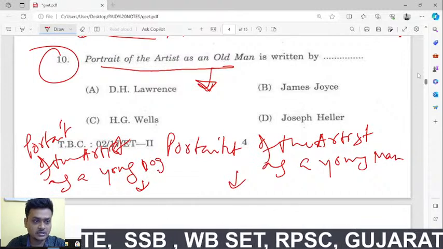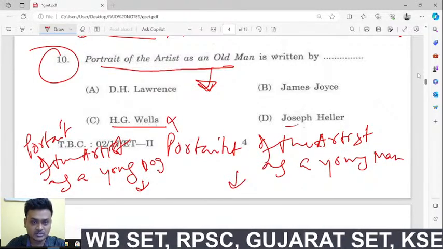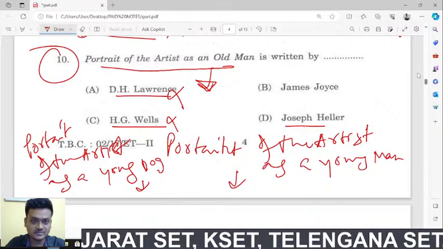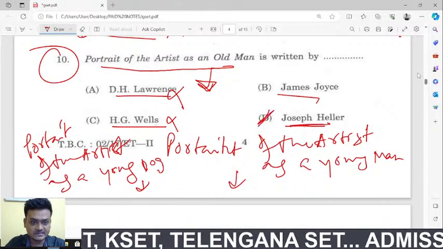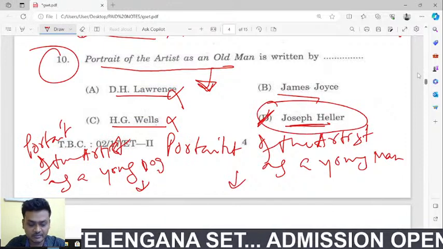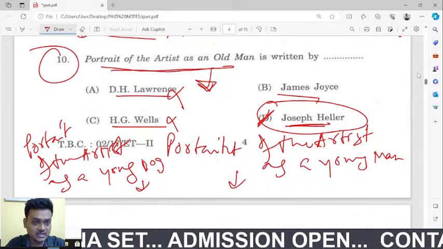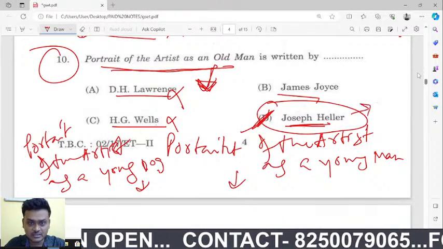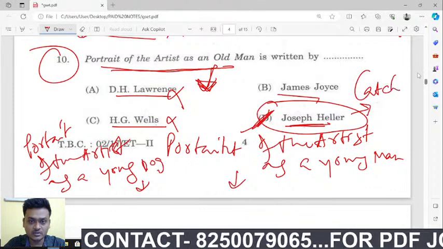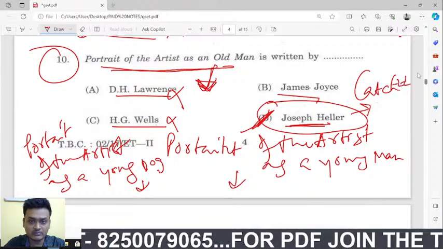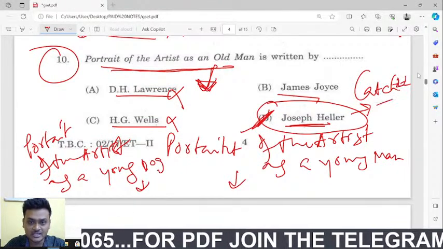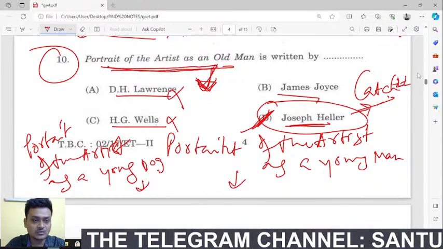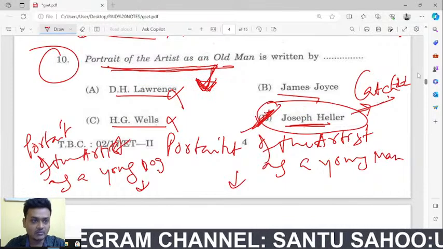Here it's not even by H.G. Wells, not even by D.H. Lawrence. So we have two options left, James Joyce and Joseph Heller. It's by Joseph Heller. Remember that, very important work. Portrait of the Artist as an Old Man is a work by Joseph Heller, who is also famously known for Catch-22.